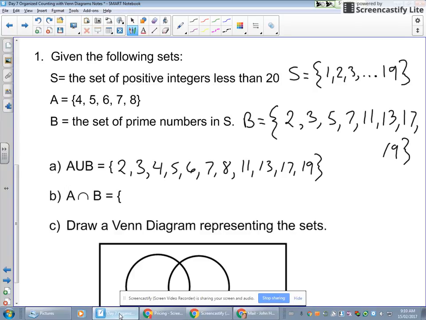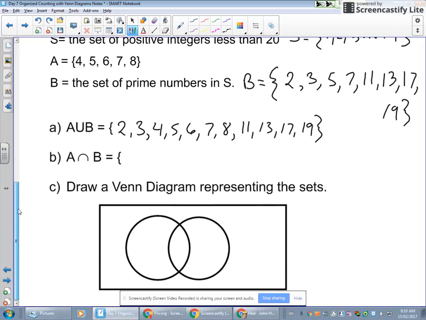Okay, if it's contained in either A or B, we include that in the union of A and B. And then here we have A intersection with B. So it's got to be contained in A and it has to be inside of B.